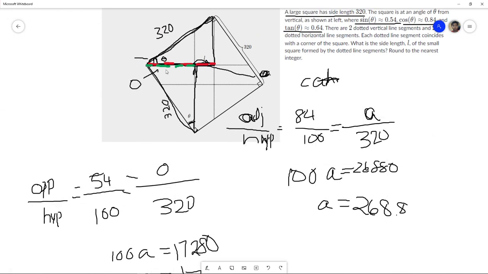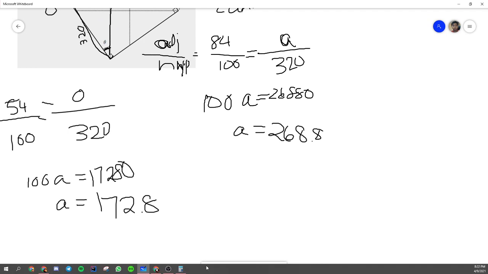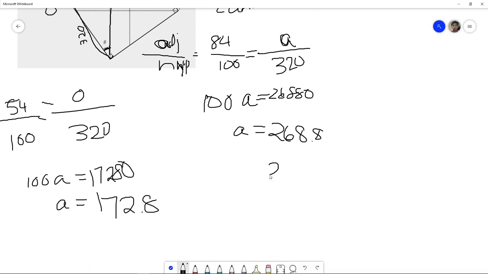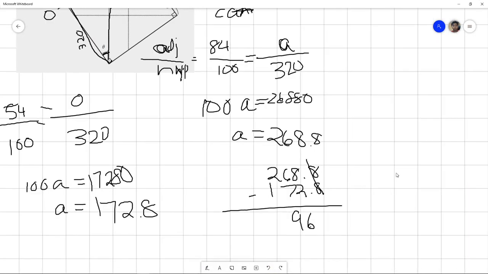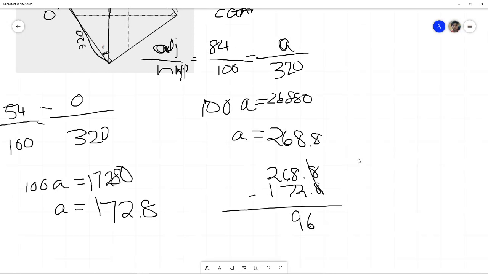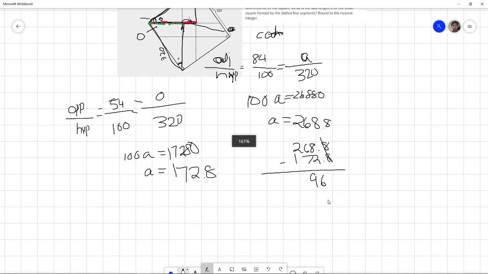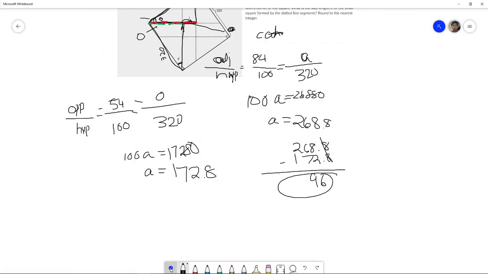So we found the lengths of both sides, and now all we need to do is subtract. 268.8 minus 172.8, and look at that. Conveniently, the decimals cancel out, and we end up with 96. And I believe the answers you could get are 96 and 97. So this is the right answer.